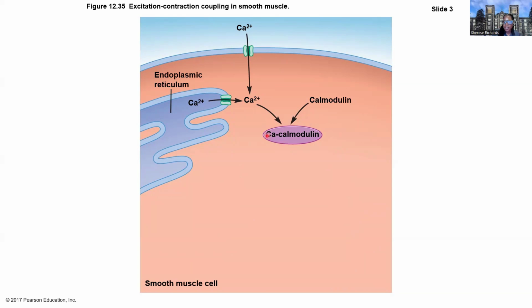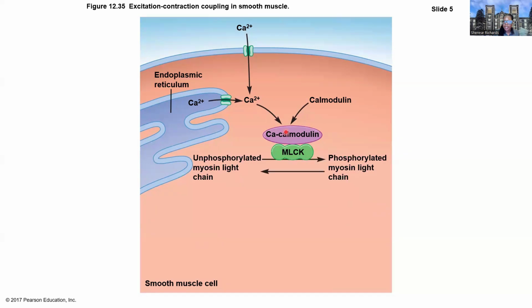So once this complex is formed, that can actually go and activate the enzyme MLCK, or myosin light chain kinase. Now, this enzyme, once it's activated, it's a kinase, so it's going to phosphorylate, or add a phosphate to, the myosin head, and that is what will drive contractions.